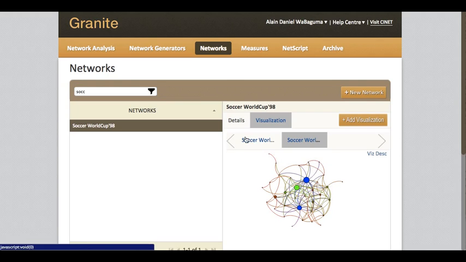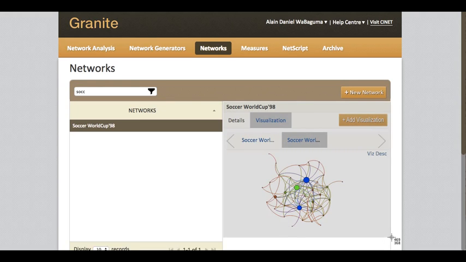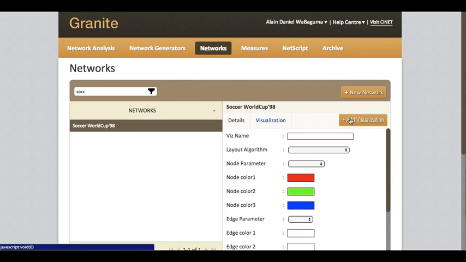No, wrong information on it. There we go. Then I need to add some more visualizations.